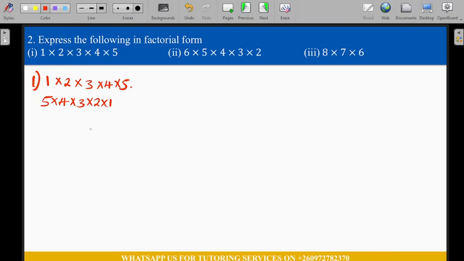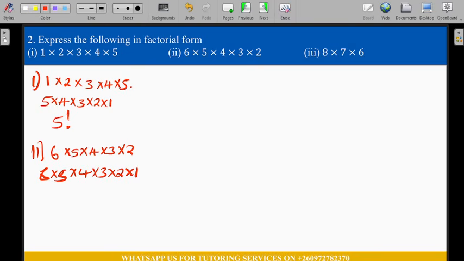Now you check if there's any number missing between 5 and 1, of which you don't have any. So this can just be written as 5 factorial. Then part 2, we have 6 times 5 times 4 times 3 times 2. Then you can just say times 1, which gives just 6 factorial.